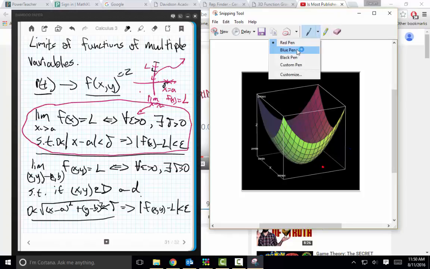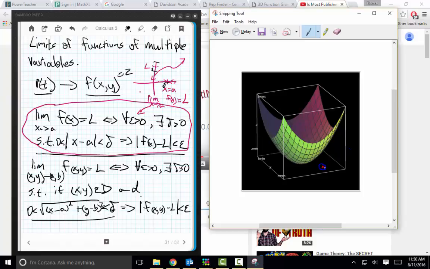Well, in this case, what is the square root of x minus a squared plus y minus b squared? That's a circle. What we're doing is opening up a delta circle. That's supposed to be a delta, by the way. Sorry about that, you guys.